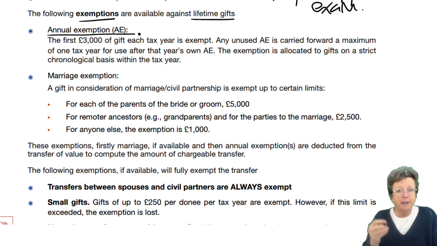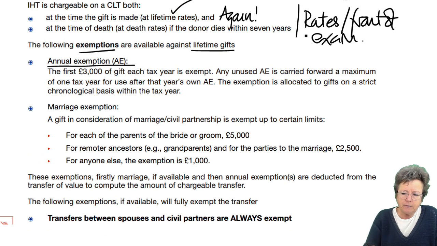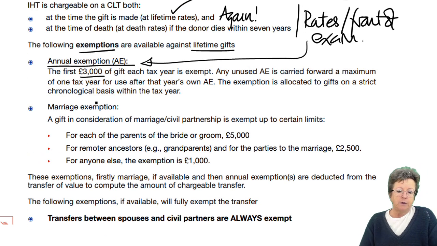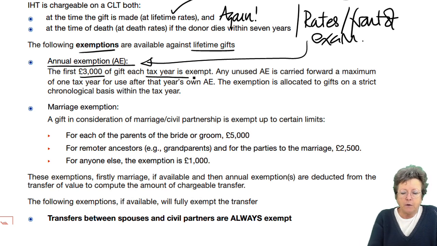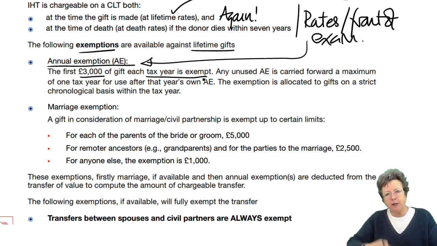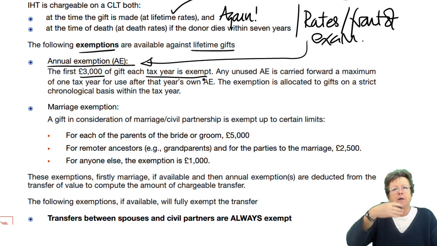It will be given to you in the exam, but it is £3,000 each year of any gift that is exempt. Now, any unused, you can carry forward 1 tax year. If you've got several gifts, you do them in the order in which they come. And obviously, the first one will take the annual exemption, and then the second one probably won't.